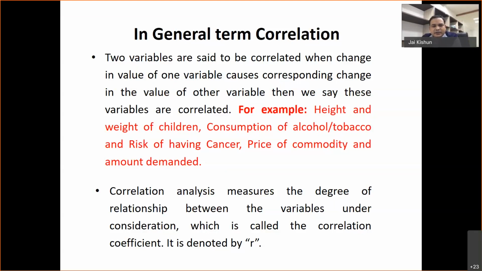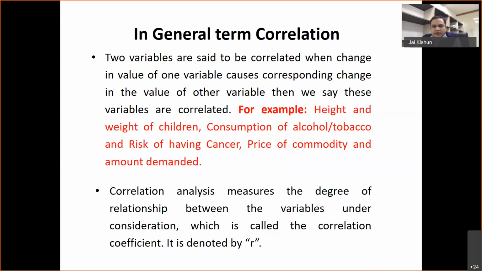Similarly, we have taken another example: consumption of alcohol or tobacco use and risk of having cancer or any disease. If a person is consuming more alcohol, they have more risk or more chances of being ill. Similarly, another example we have written here: the price of a commodity and amount of demand.